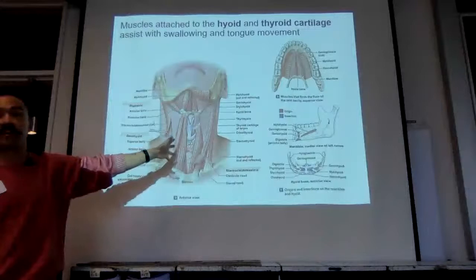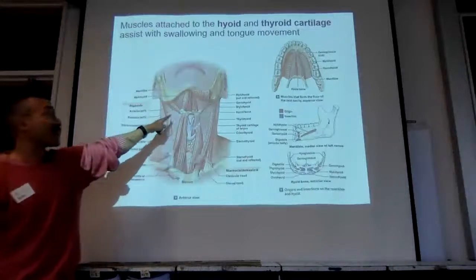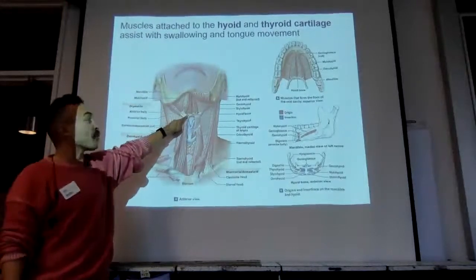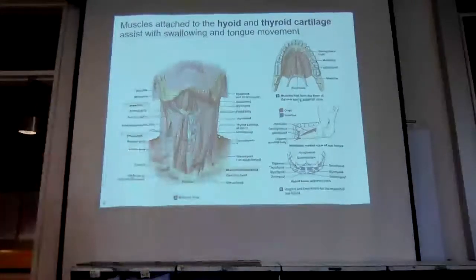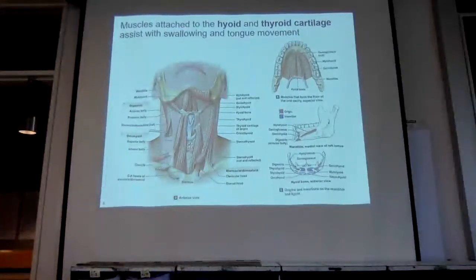What I do want you to know is that these muscles are either connected to the hyoid and or the thyroid cartilage. The thyroid cartilage is part of the larynx. You can see it on this model here. Here's the hyoid, here's the thyroid cartilage, and there's a bunch of muscles in that region. I have one more somewhere.